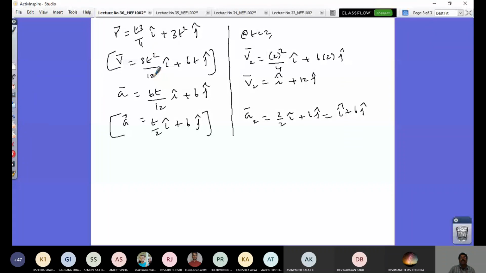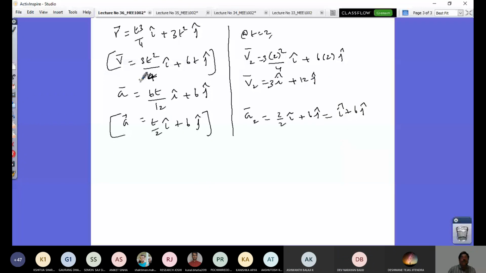So here I will have 3 into 2 squared by 4, which gives 3i plus 12j. So 3i plus 12j is my velocity vector, and the acceleration vector will change accordingly.